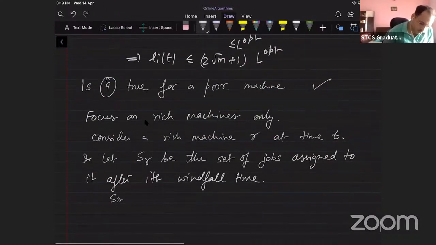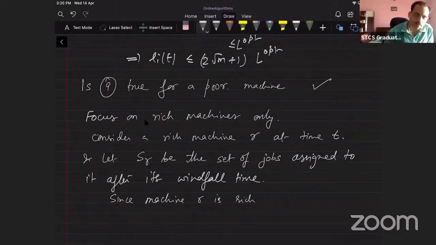Now since machine R is rich throughout, let's say the windfall time is T0, throughout T0 to t.